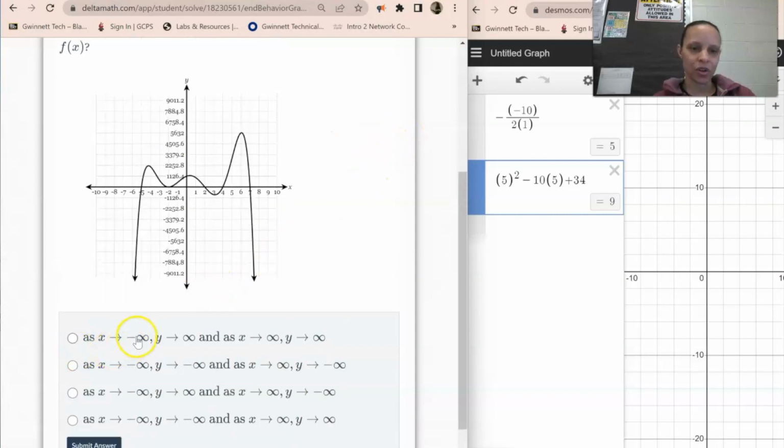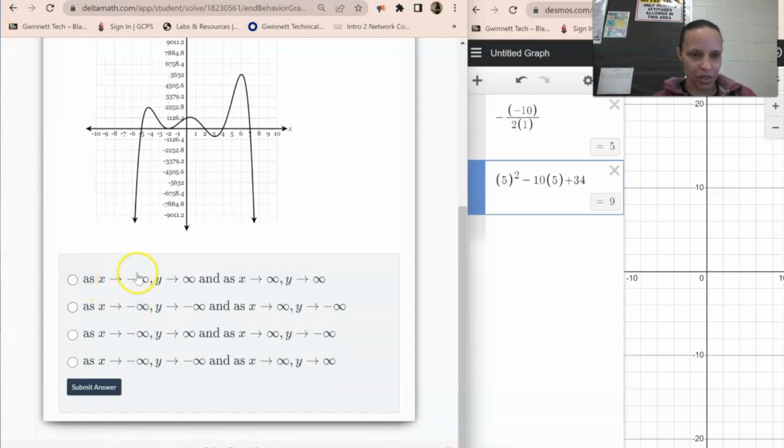So as x is going to the left, what is happening at the end of the graph? Okay, at the end of the graph, it's going towards what? Negative infinity. So as x is going to the left, the graph is going to negative infinity. So it's either this answer or this answer. As x is going to the right, to positive infinity, what's happening to the graph here?